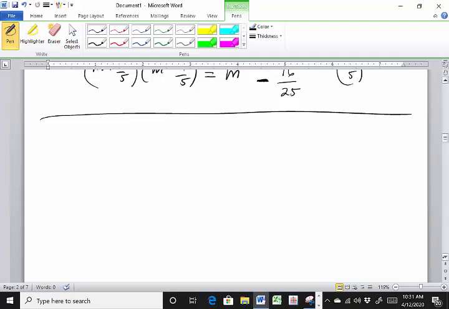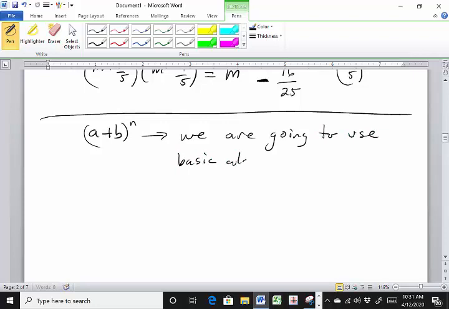So right now, to deal with a binomial raised to the nth power, we're just going to use basic algebra. Just use the tools that we know right now.